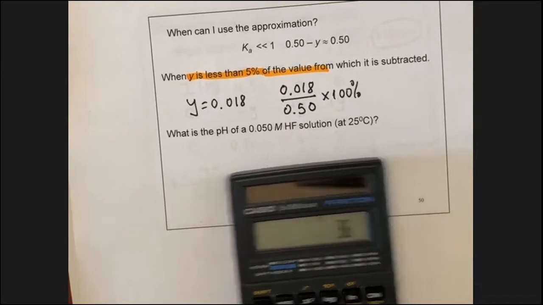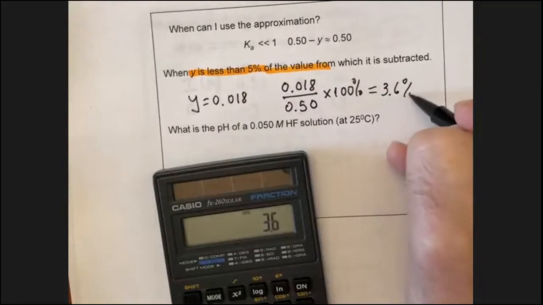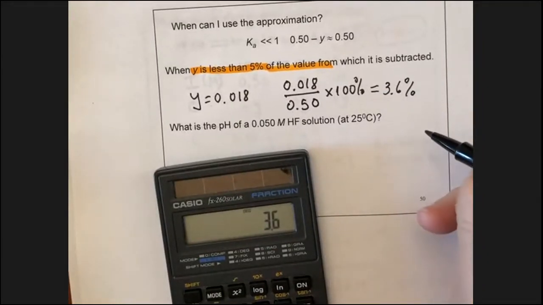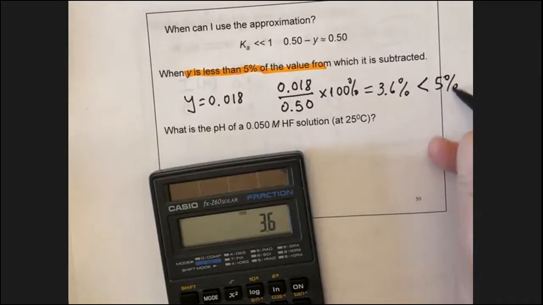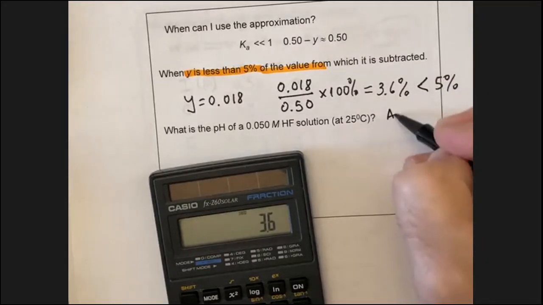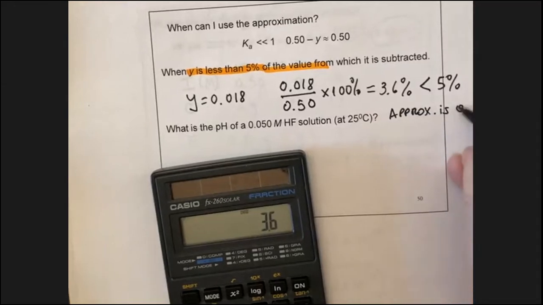So that's 3.6%. Since this is less than 5%, it means that the approximation is okay.